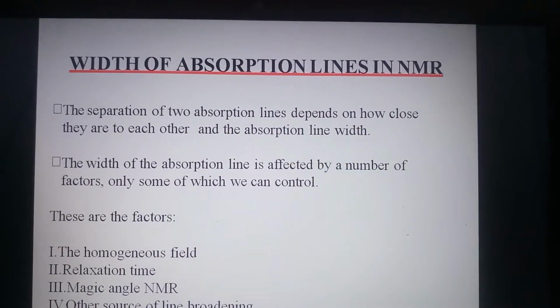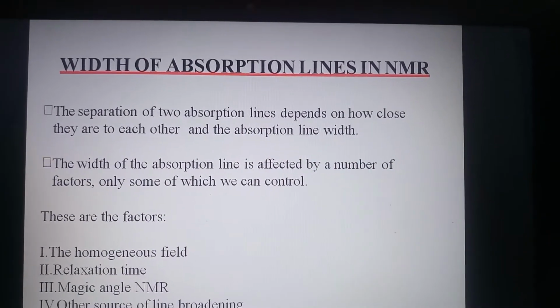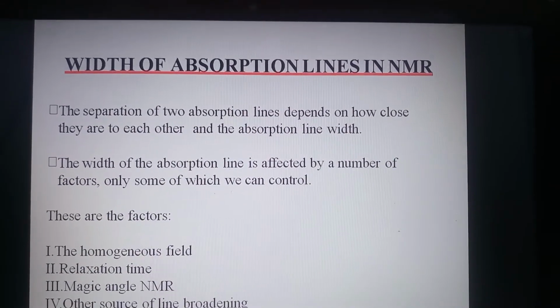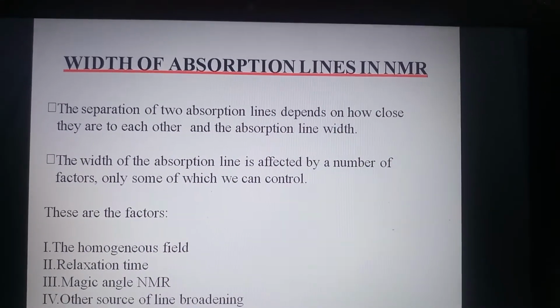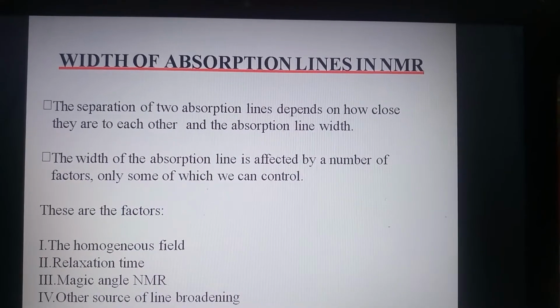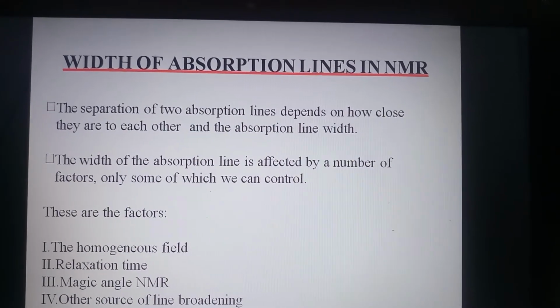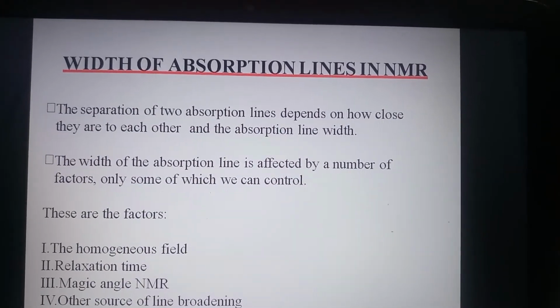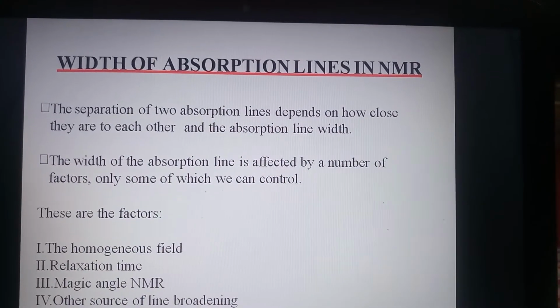Now, after absorbing the radio frequency, what will happen? Width of the absorption lines in NMR. The separation of two absorption lines depends on how close they are to each other and the absorption line width.